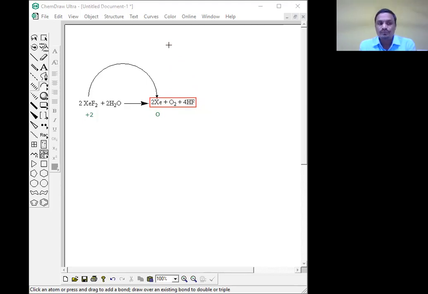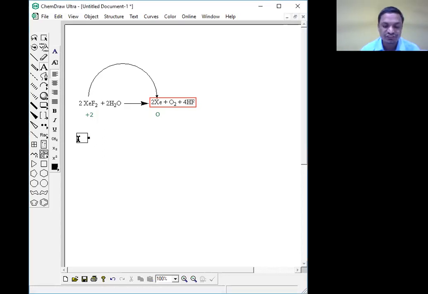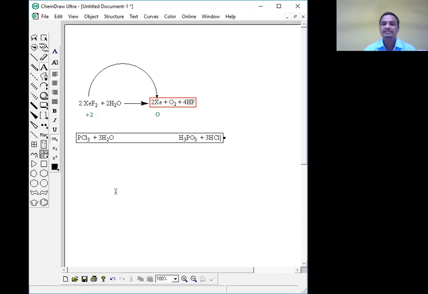Now, second option, in the hydrolysis of PCl3, tautomers of P(OH)3 are formed as a final product. Now, if we write the chemical reaction of hydrolysis of PCl3, the reaction becomes PCl3 plus 3H2O gives H3PO3 plus 3HCl.